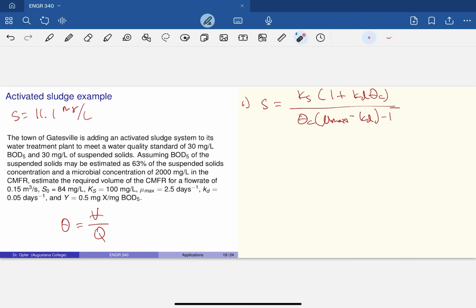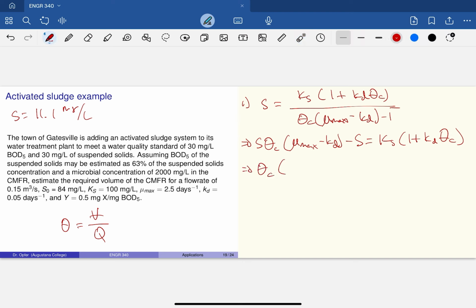Okay, solving for theta C, so I'm just going to rearrange by multiplying both sides by the denominator. So I'll have S times theta C times mu max minus Kd, minus S, is equal to Ks times 1 plus Kd theta C. Okay, and now what I want to do is get all these theta C terms on one side so I can rearrange.